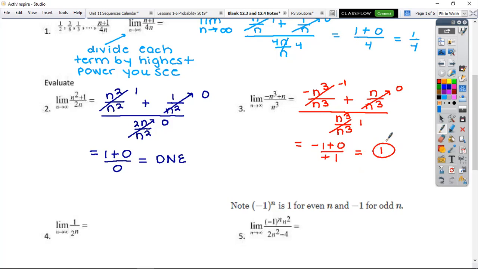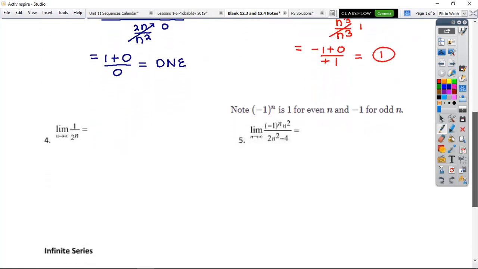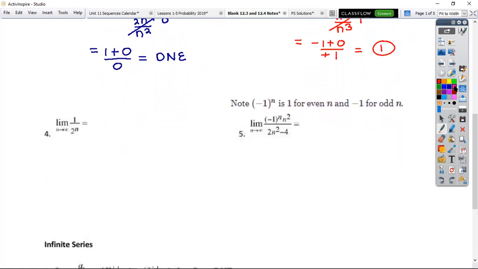Good. Now your next two, you really haven't seen these yet. So these are your two limits that work a little bit different than the top ones. So your next one, you have 1 divided by 2 raised to the n. So again, this is different. What you're going to do in this case is plug in a large value for n.